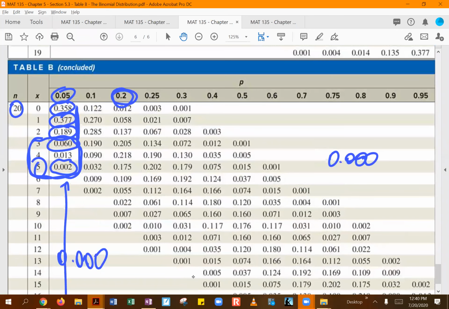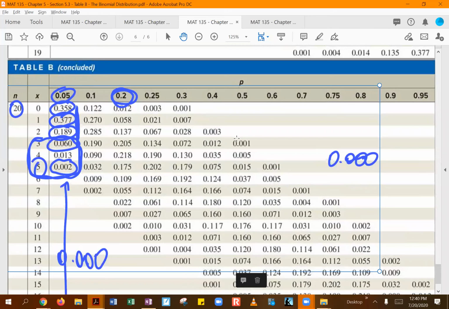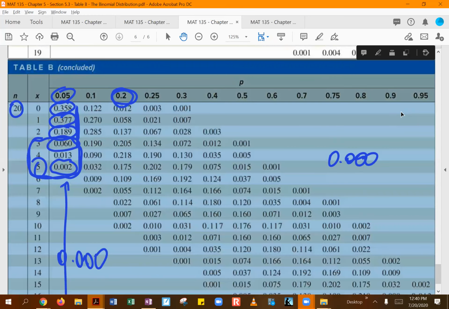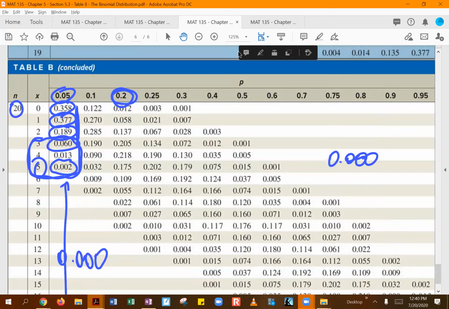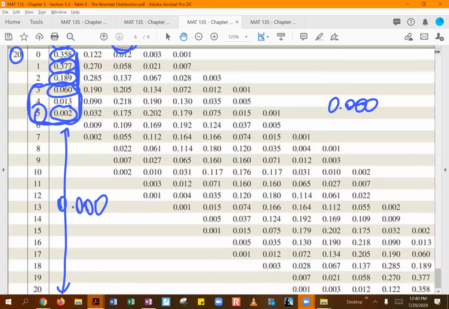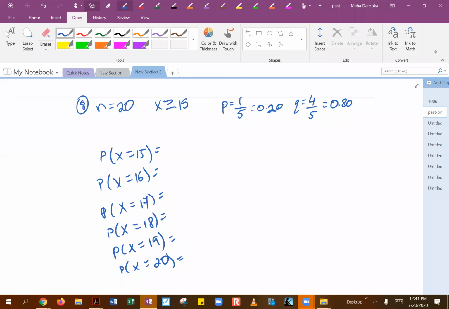So you're looking at probability of 0.2, n equals 20, and then x goes from 15 to 20. So yeah, you're basically looking at a bunch of zeros over here, right? Because they are blank spaces. So all of our probabilities are going to be zeros.